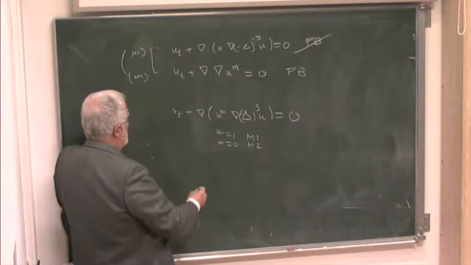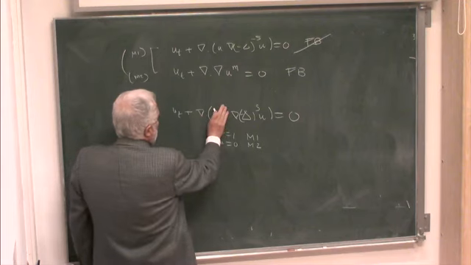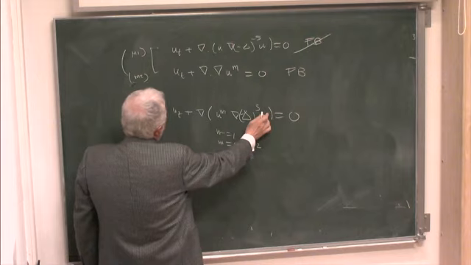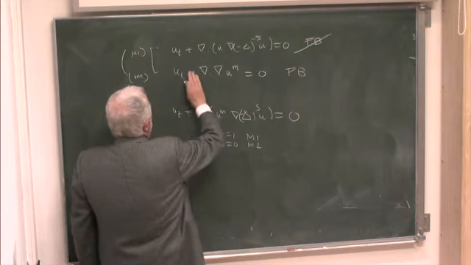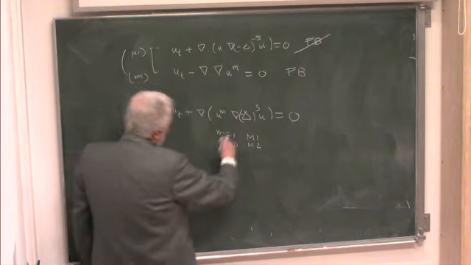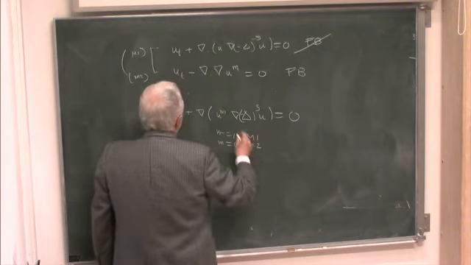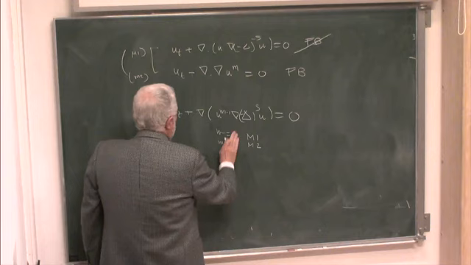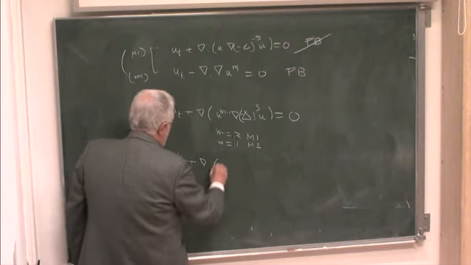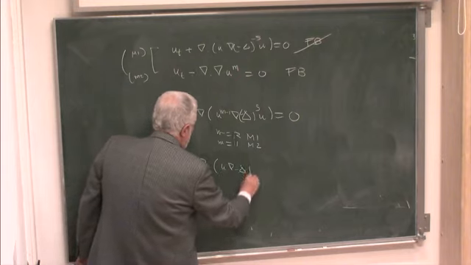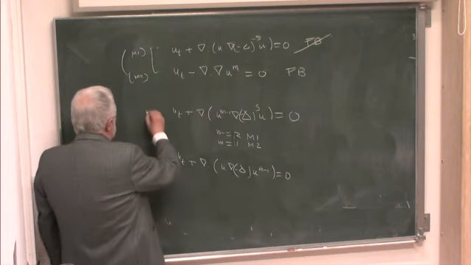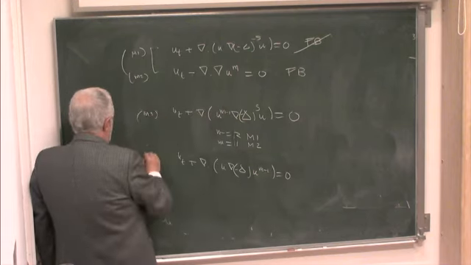Oh, you have to put something here. Okay, with different m. Let's put m minus 1. So it's model 3, model 4.